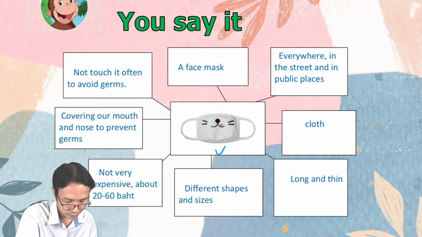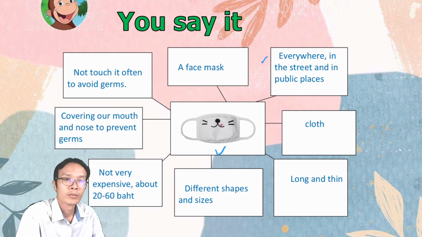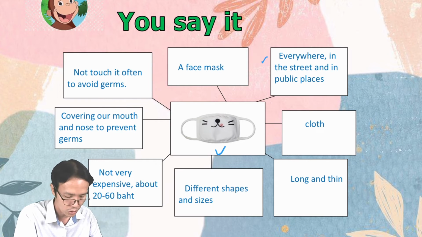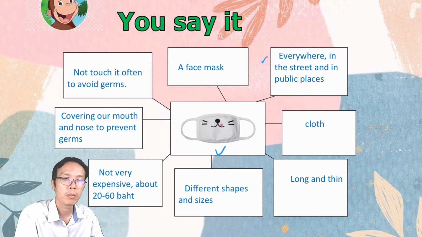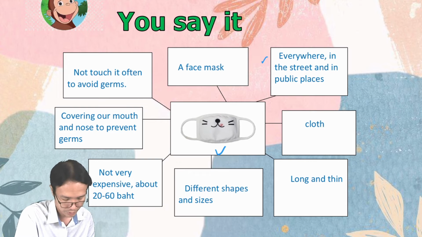And here, this piece of information, you say what? Yes, we can see it everywhere in the street and in public places. Again, we can see it everywhere in the street and in public places.